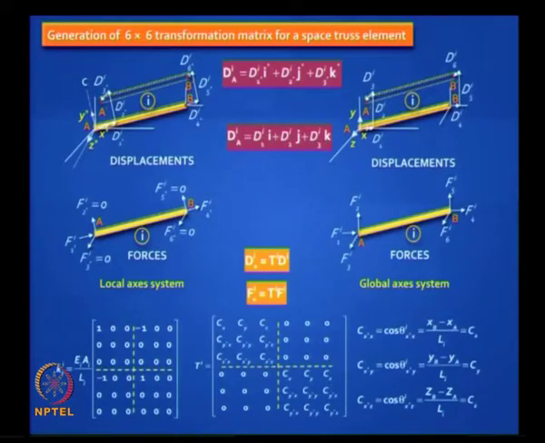The stiffness matrix is very easy to do because you have only A by L and mostly they are full of zeros, but the transformation matrix will involve many angles: x star with x, x star with y, x star with z, y star with x, y star with y, y star with z, and z star with x, z star with y, z star with z. So it's a little messy, but that is why you need to program this more carefully when you do it.